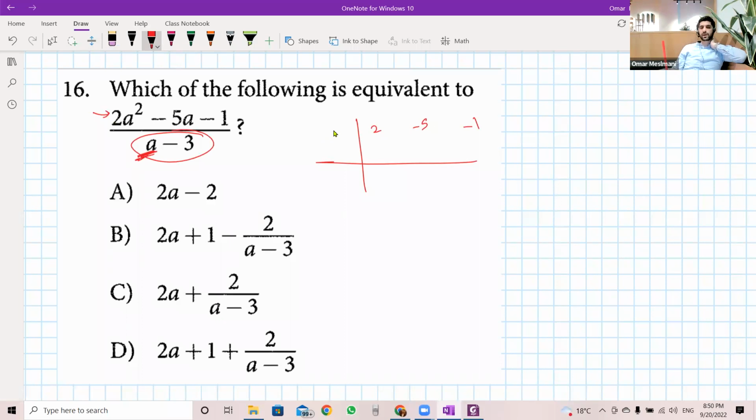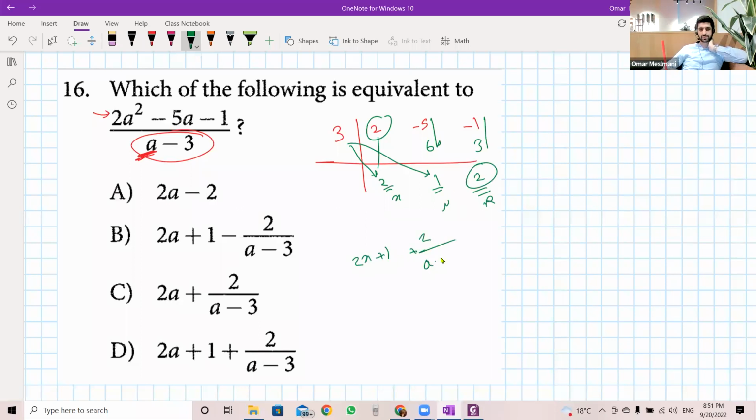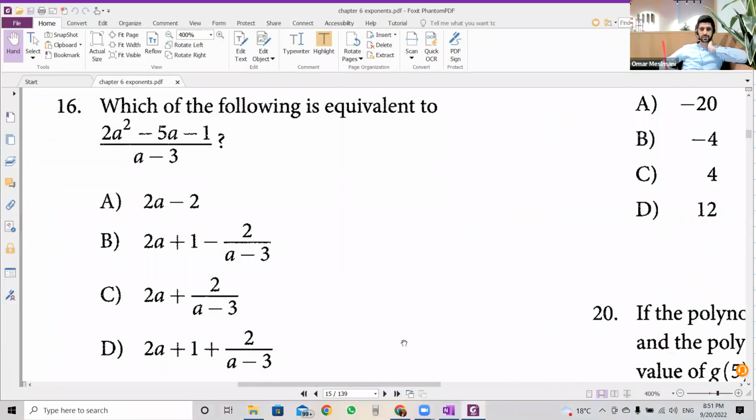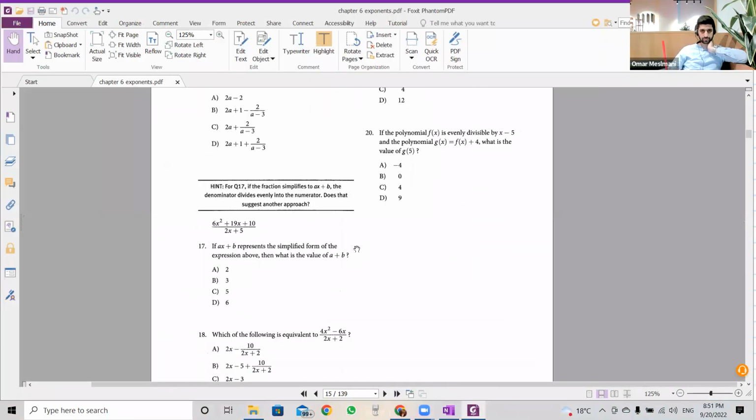Set the divisor equal to 0 and you get 3. The first value is always the same. Multiply 2 times 3 is 6. Add 1. 3 times 1 is 3. Add, it's 2, that's the remainder. So your answer is 2x plus 1, and the remainder is plus 2 over a minus 3. And it's D. Easy, right, Mister?